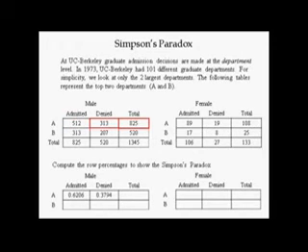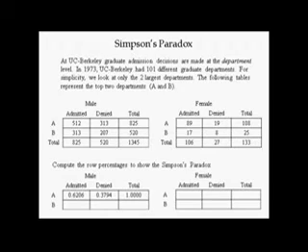The relative frequency of males denied admission, given they applied to Department A's graduate program, is computed by dividing the frequency of males not admitted to Department A, 313, by the frequency of males that apply to Department A, 825, which is 0.3794. Both of these add up to 1.